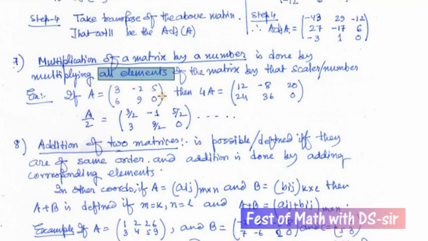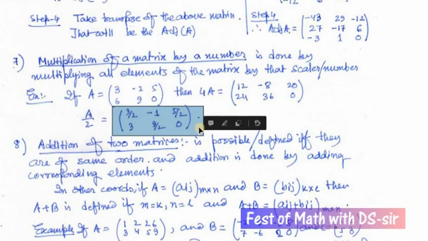I take a rectangular matrix, and 4A means every element is multiplied by 4. See, 3 multiplied by 4 gives 12. Minus 2 multiplied by 4 gives minus 8. 5 multiplied by 4 gives 20. And so on. Likewise, A by 2. That is, you are multiplying A by 1 by 2. So all elements are multiplied by 1 by 2. 3 into 1 by 2 is 3 by 2. Minus 2 into 1 by 2 is minus 1, and so on.